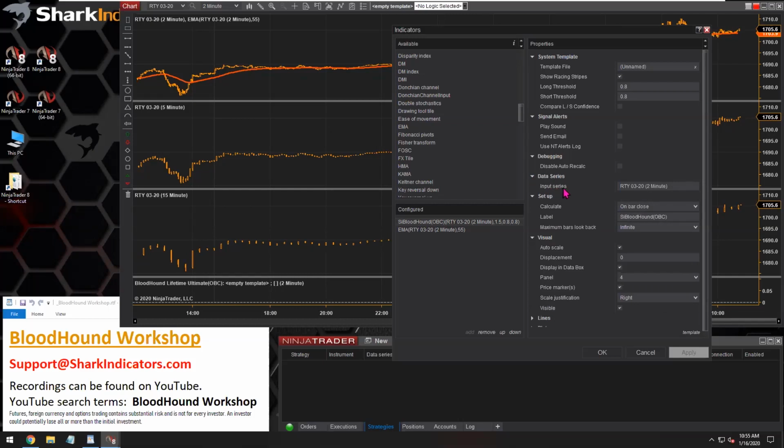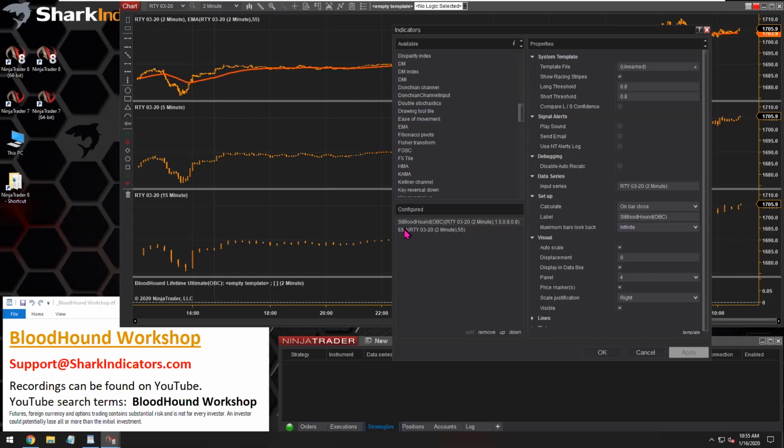And you look at the input series, and we can see it's a 2-minute chart, right? The input series is a 2-minute chart. And we can also see down here where BloodHound is running, in its own sub panel, BloodHound is running on a 2-minute chart, right? We can see that as a part of the label, it's a 2-minute chart there.